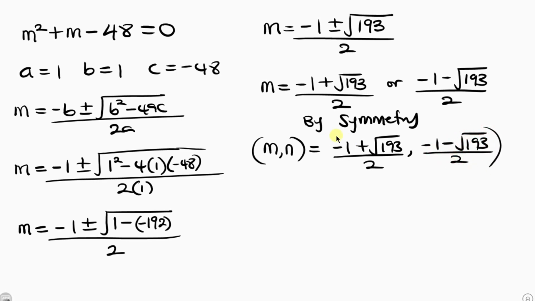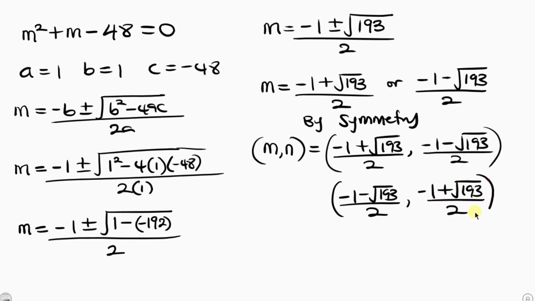So this can be a solution, and this also, remember we said by symmetry, this can also be a solution where we have m to be negative 1, negative square root of 193 over 2, and n to be negative 1 plus the square root of 193 all over 2. So these are the solutions to our given equation.